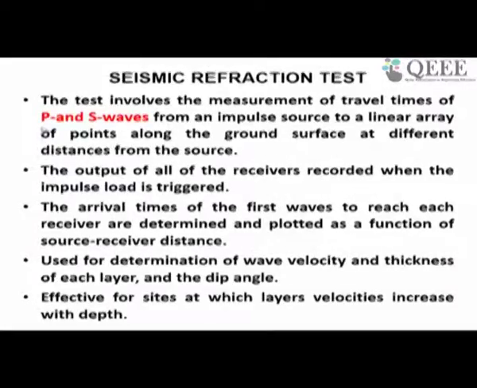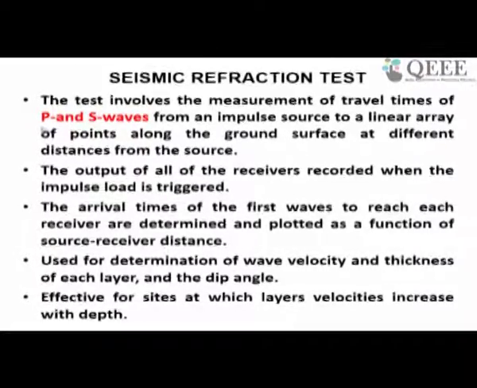Now in this seismic refraction test, you have seismic waves, that means the travel times of P and S waves. The seismic waves, mostly the body waves P and S waves, are used from an impulse source to a linear array of points along the ground surface at different distances from the source.